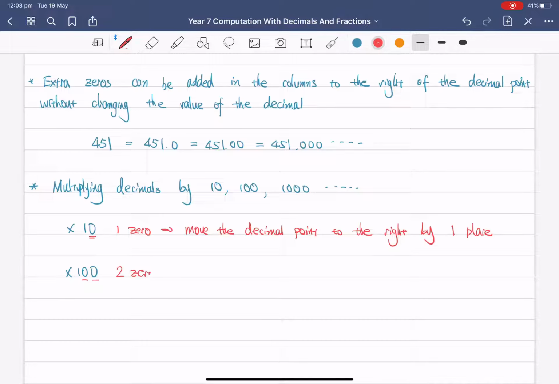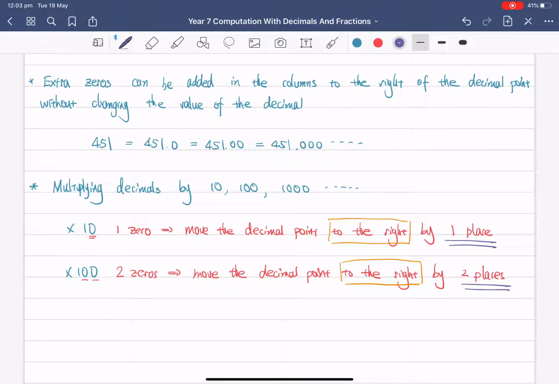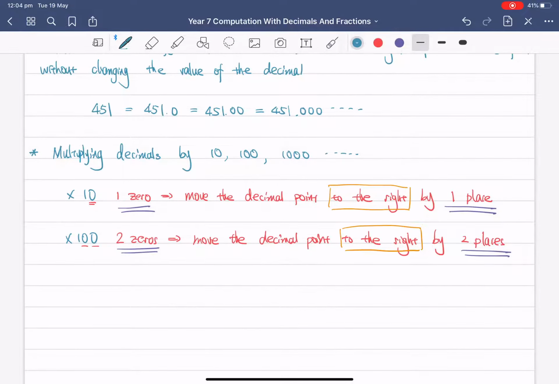We'll have 2 zeros, and in that case, we're just going to move the decimal point to the right by 2 places. So it's just going to be this pattern. If you times by 1,000, it's just going to move the decimal point to the right by 3 places. The most important thing is, firstly, this is to the right if it's multiply, and then the number of places to the right depends on how many zeros we have.